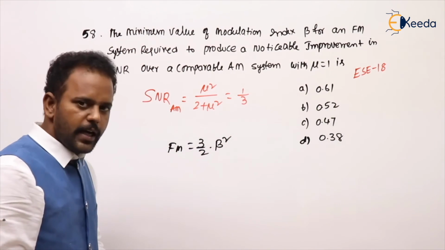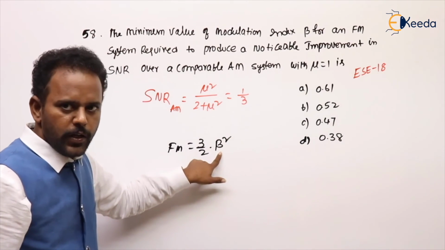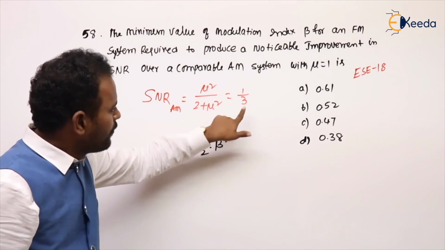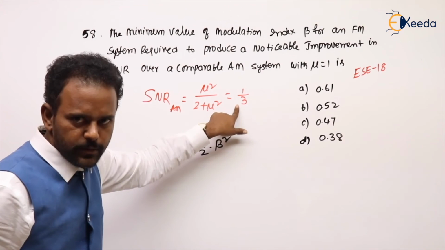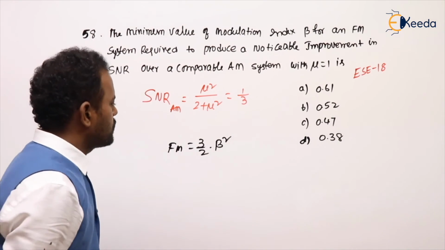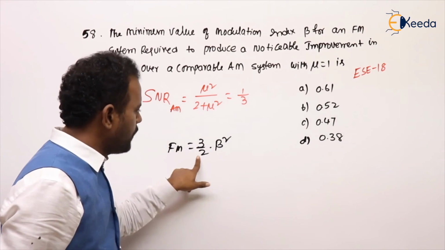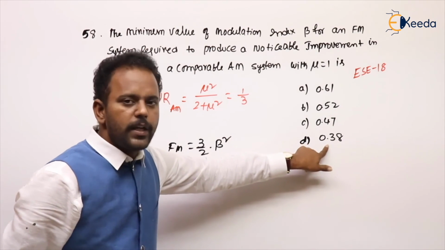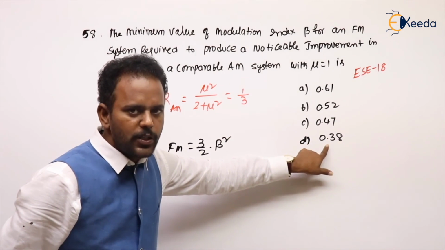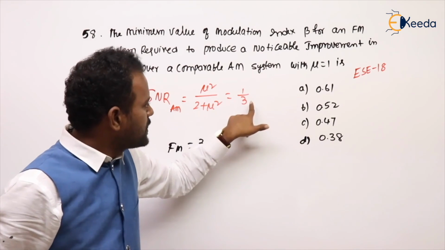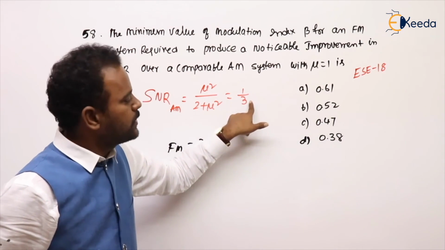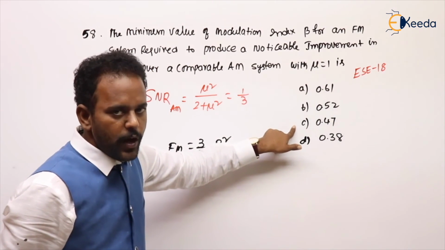Now I have to take some minimum value of beta. You need to see improvement when compared to this. Are you getting my point? Let's do 3 by 2 means 1.5 into 0.38 squared. If you do that, 0.2 will come. Means less than this, no improvement. Take the next option, 0.47.